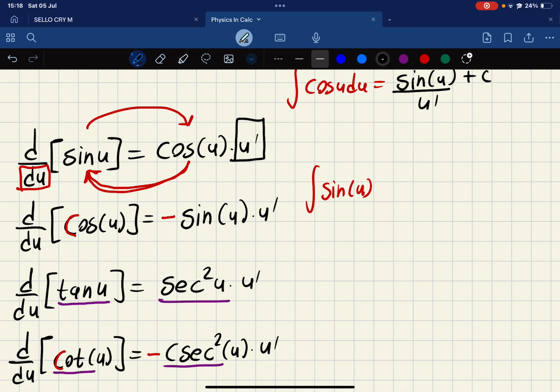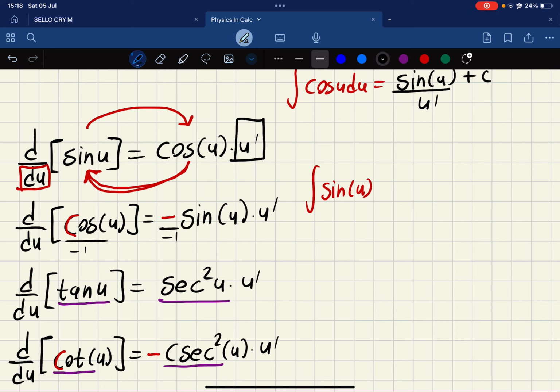If you can check, sine u has a negative there, meaning before I start, just put the negative there. You just divide by the negative.